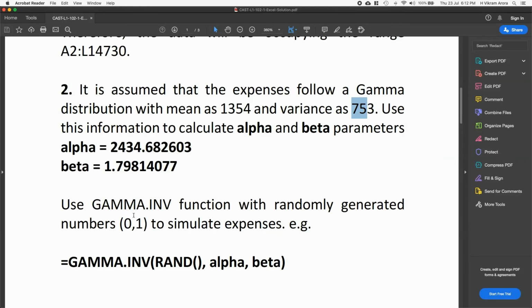So once you have alpha and beta, you can use an inverse transformation or gamma inverse function to generate a random number, which corresponds to a randomly generated value between 0 to 1. So why 0, 1? This is the inverse transformation technique that you have studied in CS1.